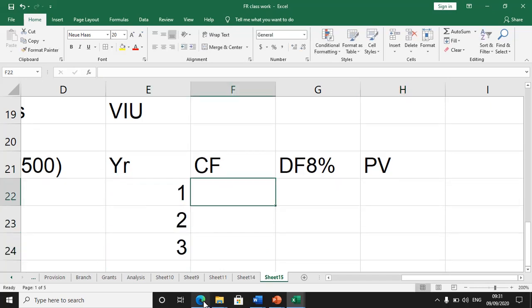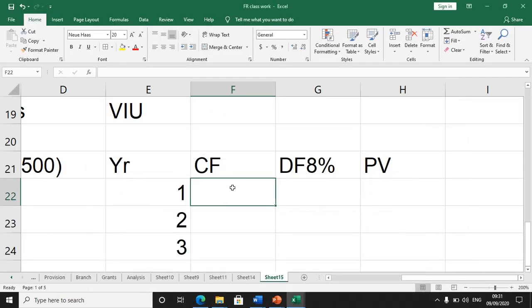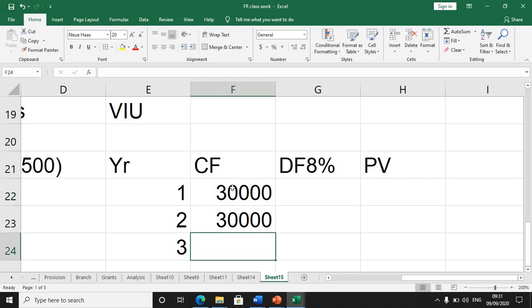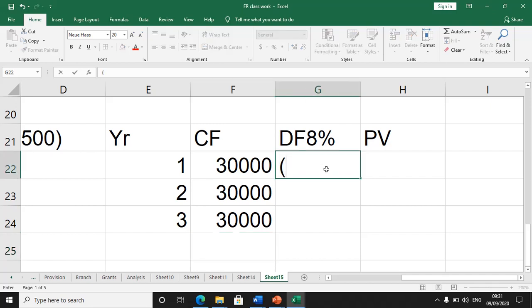Then we are told that we're expecting cash inflows of 30,000 per annum. So you can always do that work. Students can always do that. Okay, so for the discount factor, please, the discount factor percentage should be known. And in this case, I think I'll have a little bit of some challenge for the other years, but I hope I can survive.